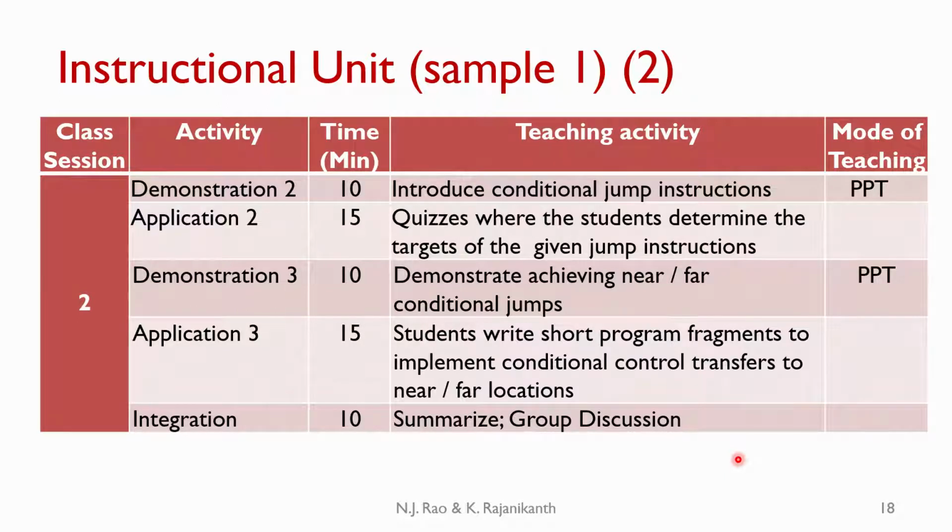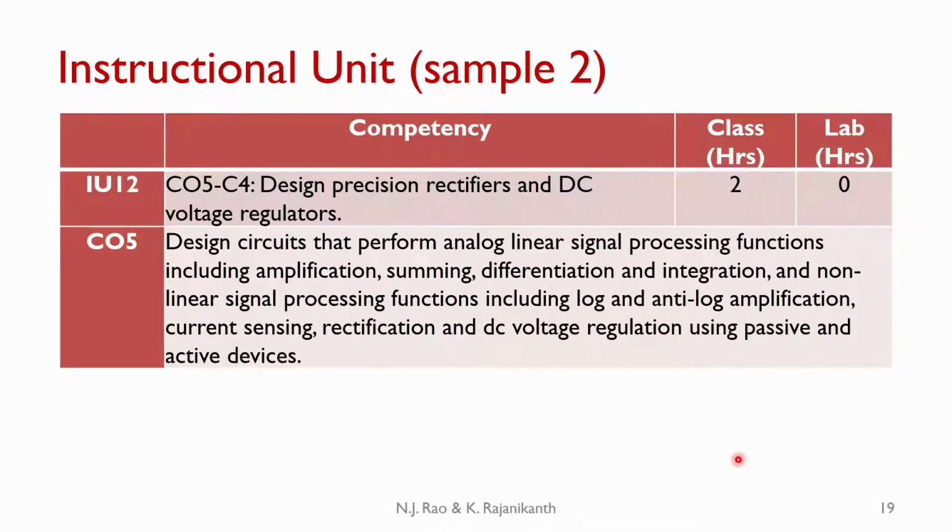So let us look at another example. Here we are writing it as instructional unit 12. It comes under CO5, course outcome 5. Under course outcome 5 we have 4 competencies.